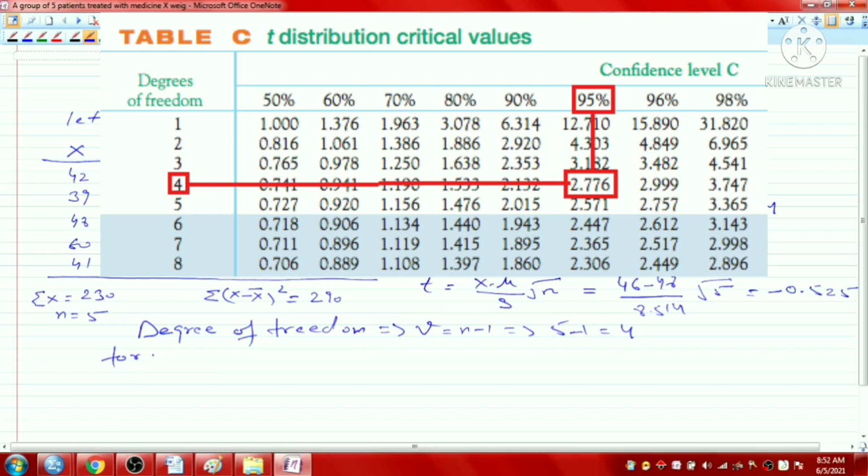Now for the table value, for nu equals 4 at 5% level of significance or 95% confidence interval for a two-tailed test, the table value is 2.776. So the critical value is 2.776.